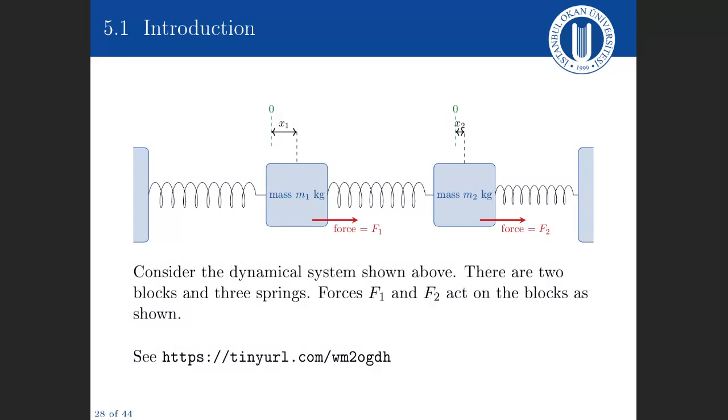Let's suppose we have a dynamical system like this. I have 2 blocks which are attached to each other and attached to the walls on the left and right using springs. And these 2 masses are vibrating left and right, left and right.